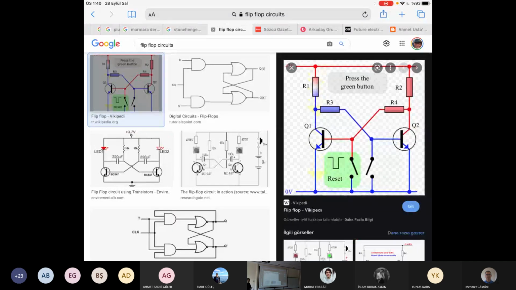With these flip-flops, it's like a balancing wood tilting to one side or the other. If you tilt it this way, it is considered as 1, and if you tilt it this way, it is considered as 0. So 0, 1, 0, 1.